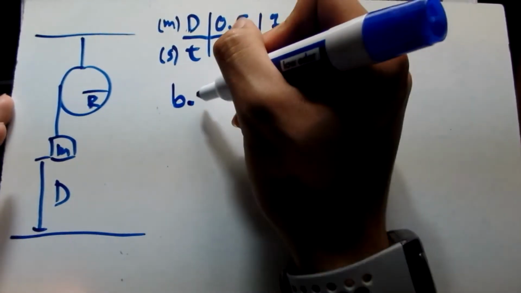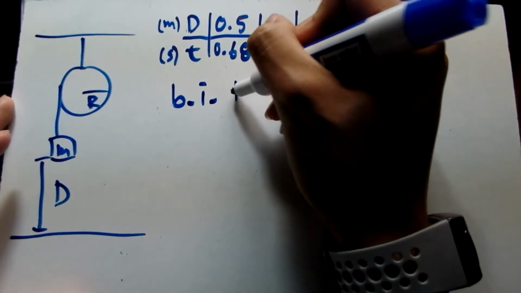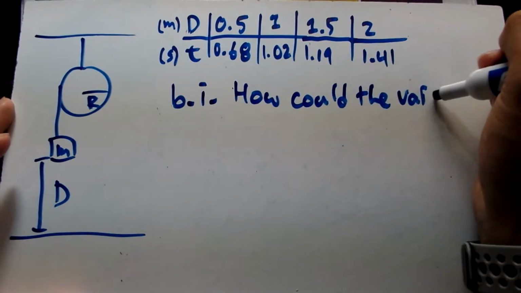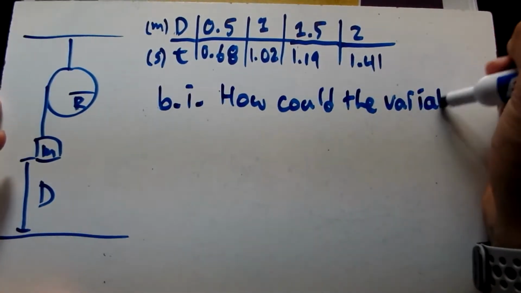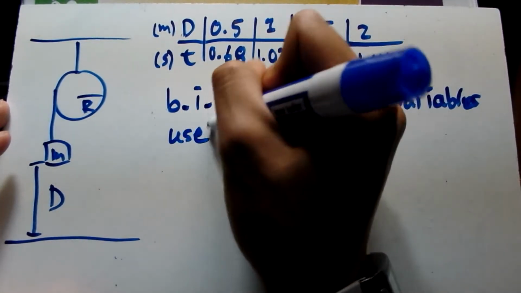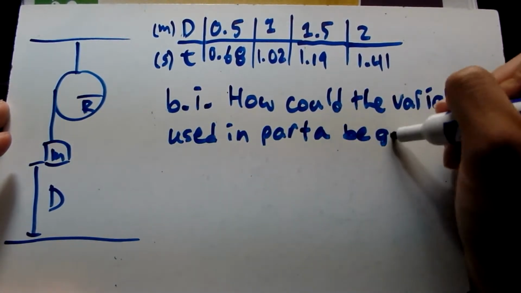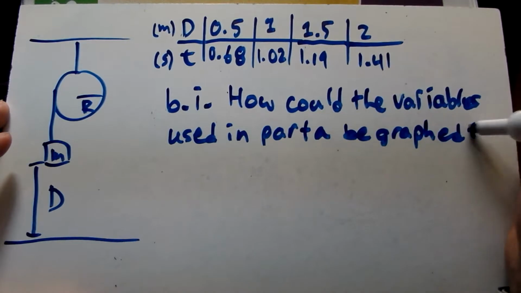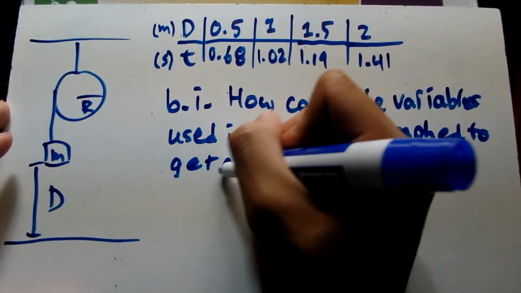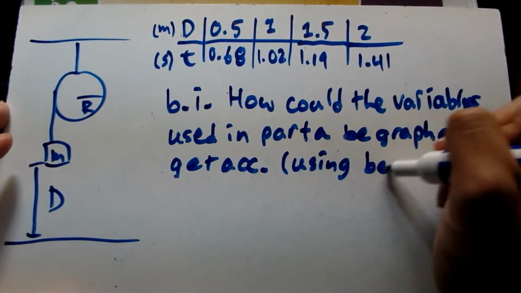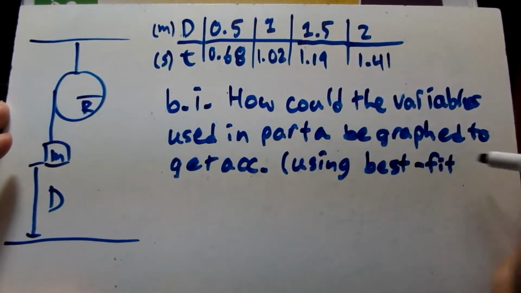Part B of this question has 3 parts. The first part is, how could the variables used in part A be graphed to get acceleration using a best fit line?